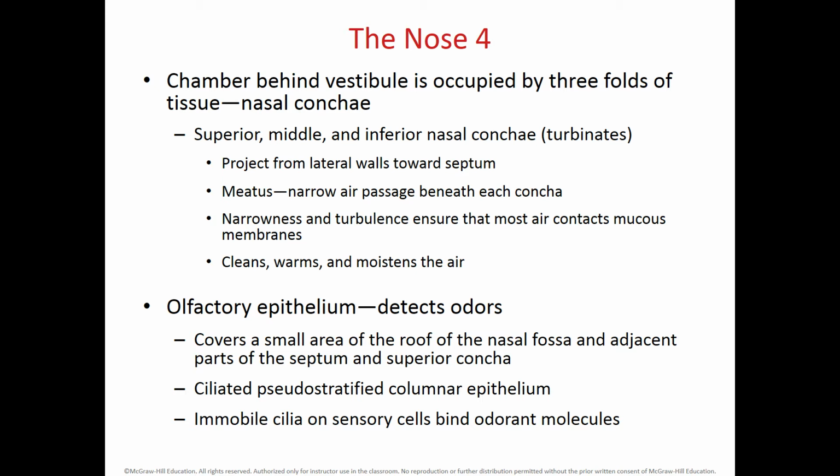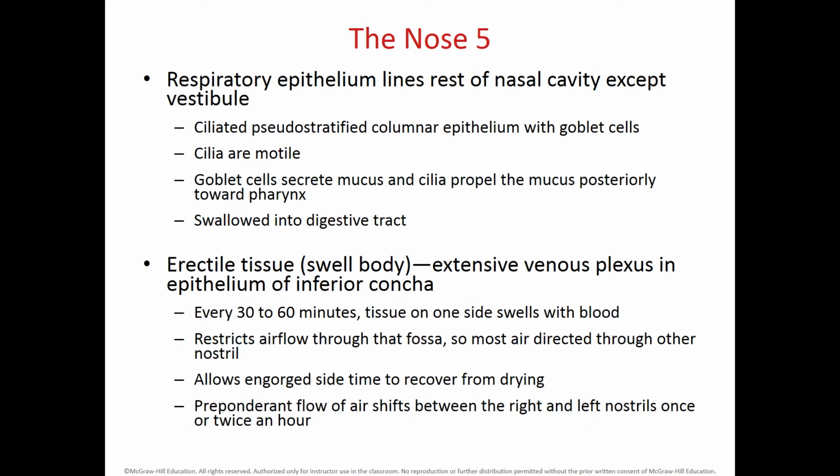Now, the entire nasal fossae, with the exception of the roof, will be covered by respiratory epithelium, which is made out of pseudostratified columnar epithelium with goblet cells that produce mucus. And within this pseudostratified columnar epithelium, in the roof of the nasal fossa, we will have specialized cells that act as sensory cells to detect odor molecules.